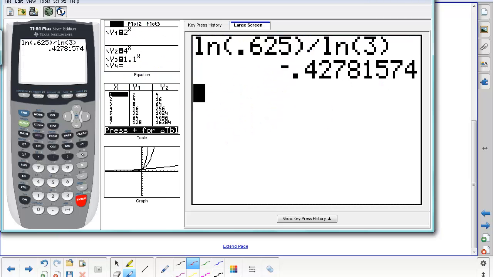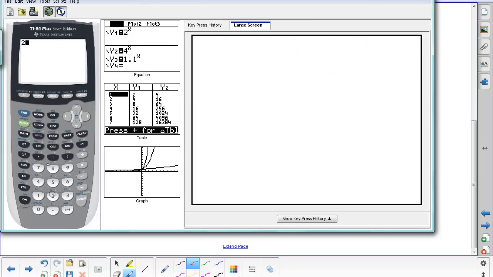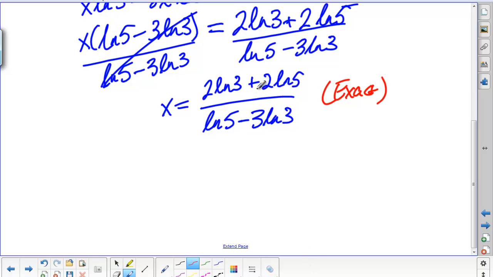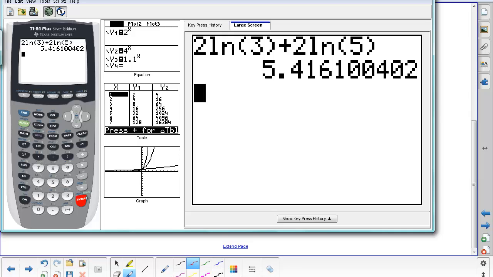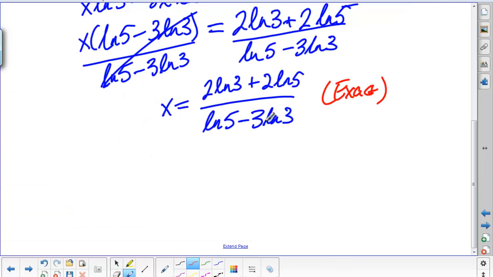Maybe start with 2 natural log 3 plus 2 natural log 5. Just take the numerator. Make sure you get all the parentheses in where you need them, and that'll figure out the numerator. Then divide, and if you open up a set of parentheses, you can punch this whole denominator in.